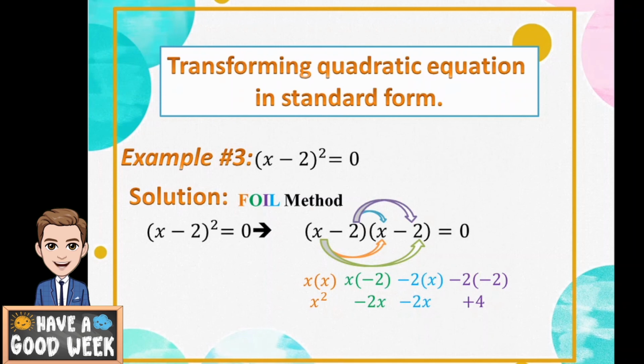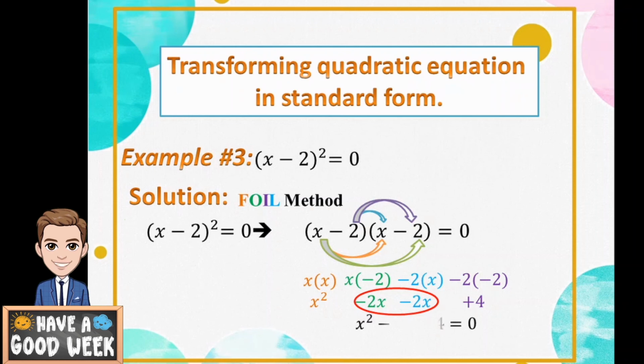Okay, so observe we have the quadratic term, x squared, we have the linear term, negative 2x, negative 2x, positive 4. So, this time, dalawa pa rin yung linear term natin. So, ano yung gagawin natin this time? Ayan, dalawa yung linear term, both negative. So, adding integers, pag same ng sign, okay, add lang and then copy the existing sign.